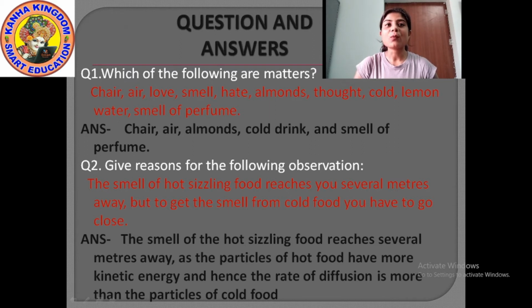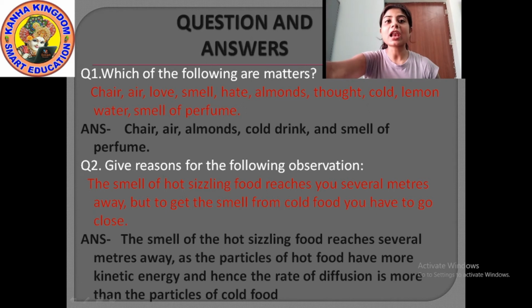It means that when a food is hot, the aroma of the food comes out, yes or no? And you can smell it even if you are far away. But if the food is cold, you have to go near to the food to take the smell of the food. Why is it so?